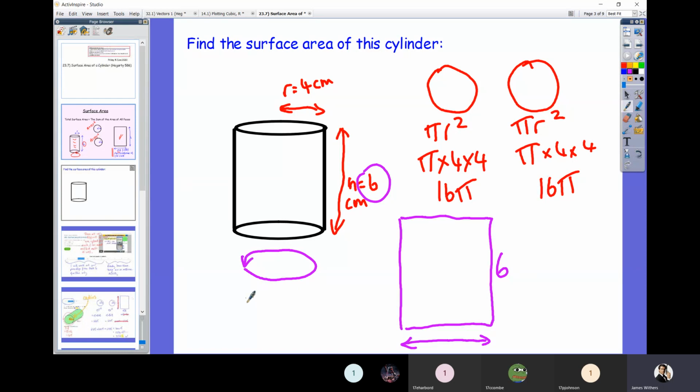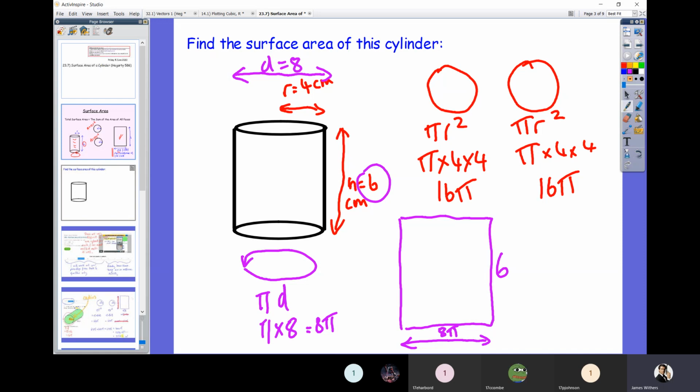So that length there is going to be pi times the diameter. And remember, the diameter of the circle is twice the radius. So the diameter equals 8. So that length there is going to be pi times 8, which is obviously 8 pi. So our base is 8 pi.